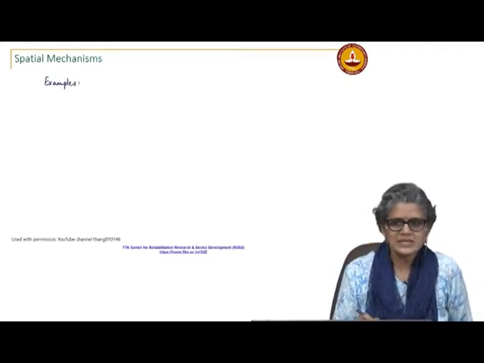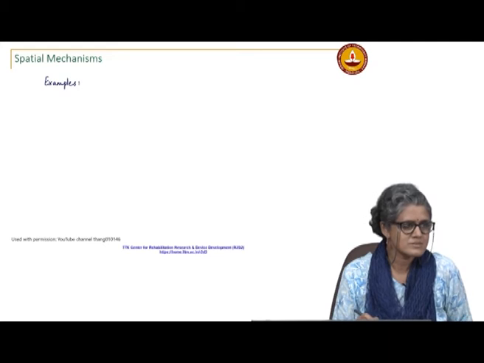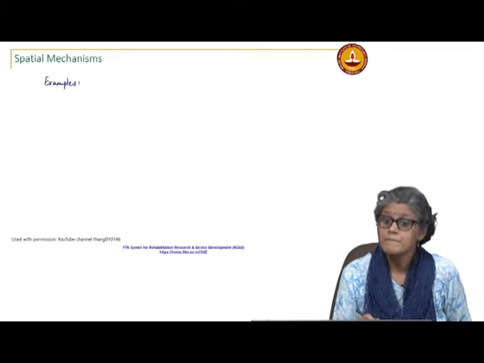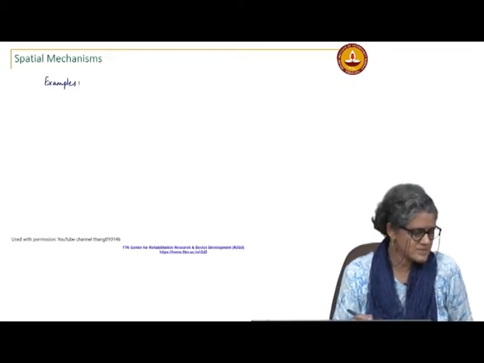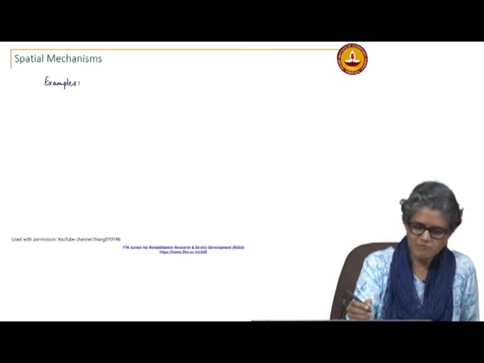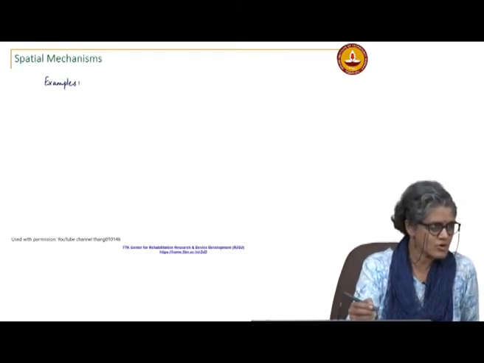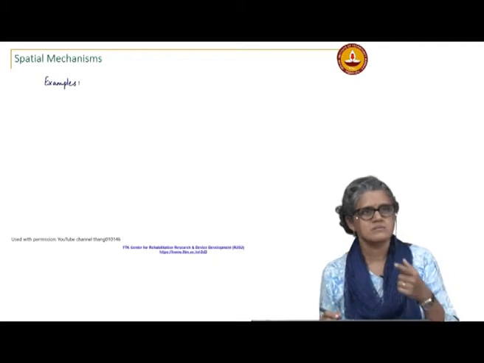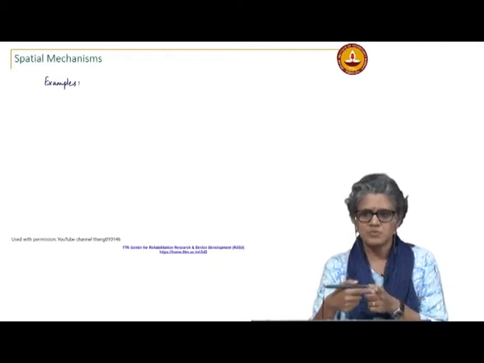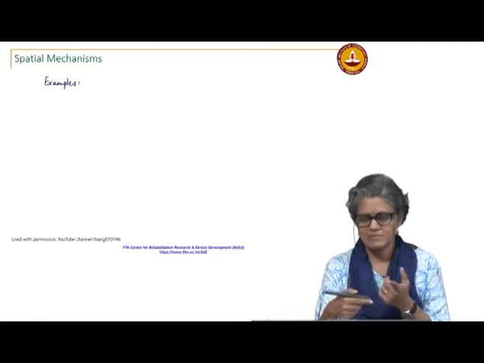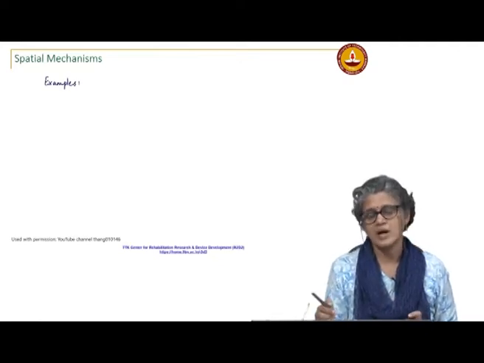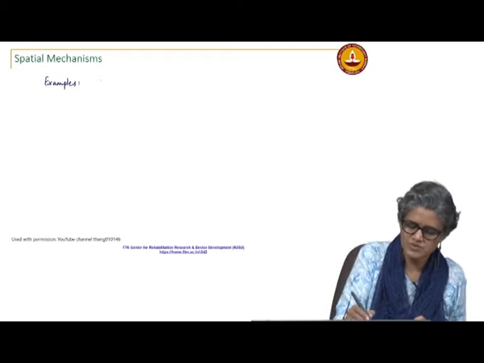Not necessarily linkages, but anything where you can't describe the motion in just one plane. Bevel gears, yes. Worm gears, bevel gears. A bevel gear is like two perpendicular axes, right? You can't observe the motion from one plane, so bevel and worm gears.